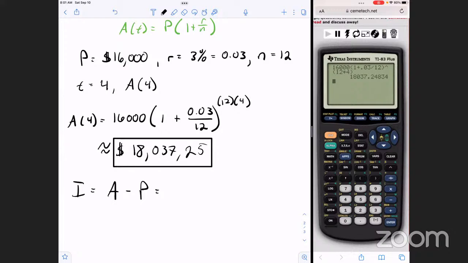So that's going to be 18,037.25 minus 16,000. The interest earned that we get is $2,037.25.